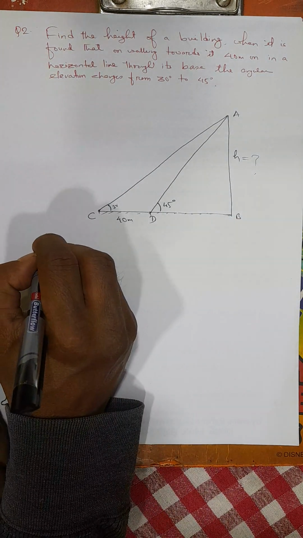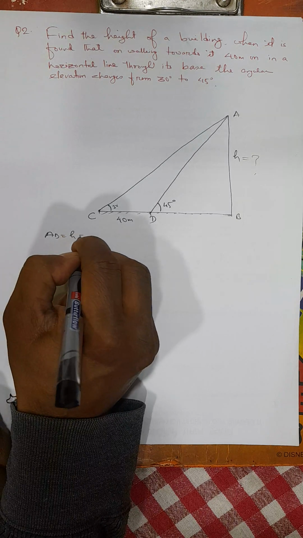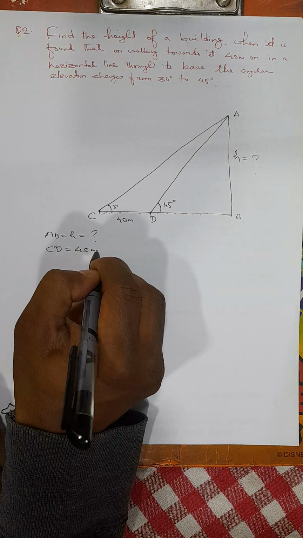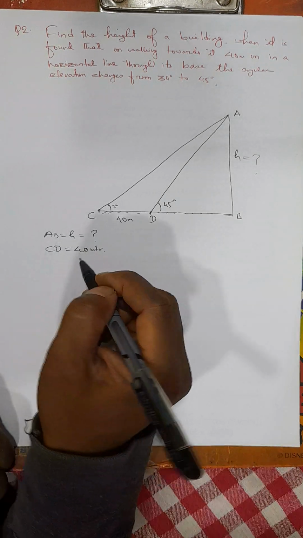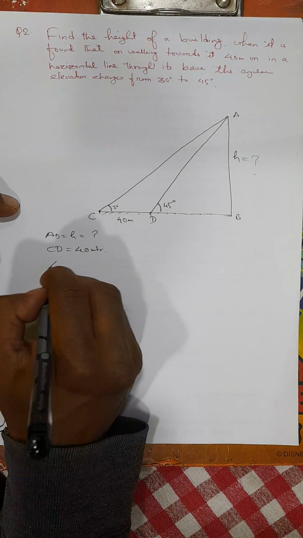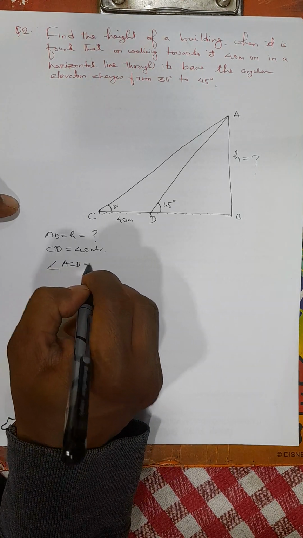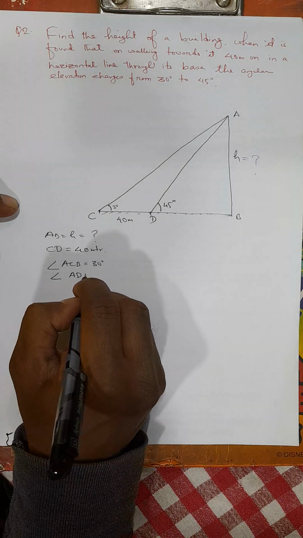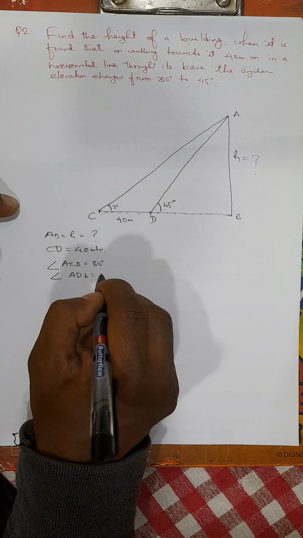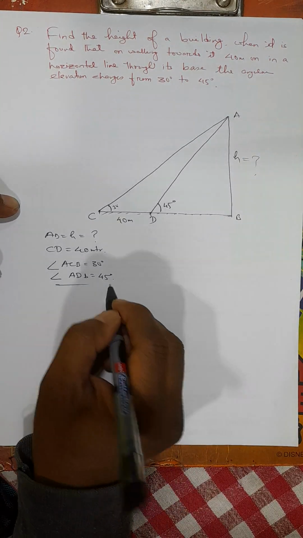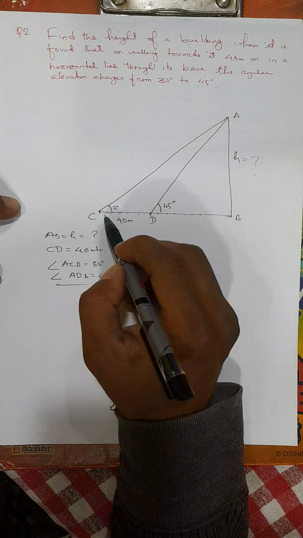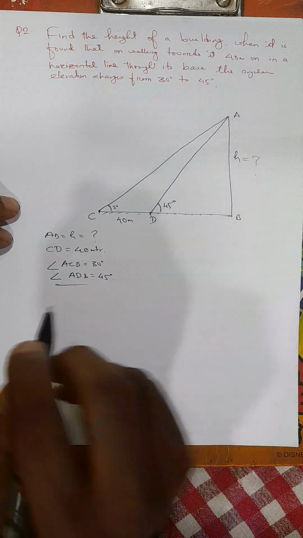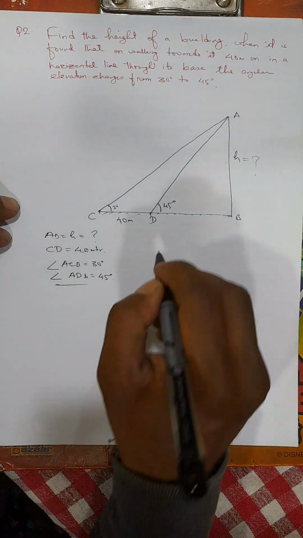So AB equal to H equal to unknown, CD equal to 40 meter, right? Then you are given that angle ACB equal to 30 degree and ADB equal to 45 degree. You are walking from C to D, angle of elevation changes from 30 degree to 45 degree. So you have to find H.